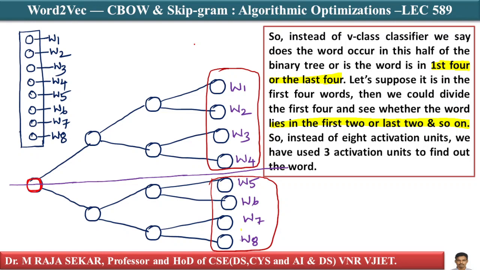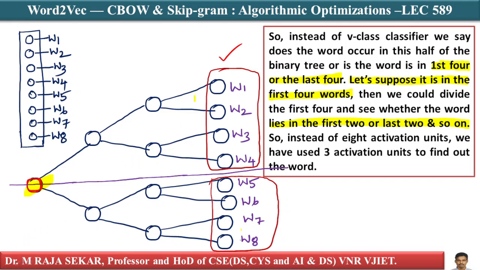Suppose this activation unit says that the probability that my output belongs to the first 4 words is high as compared to the second 4 words.